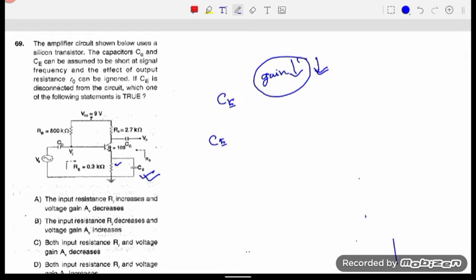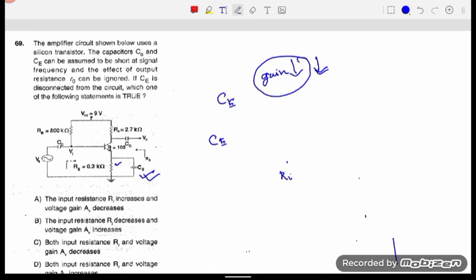Why? Because if there is any resistance on the emitter side, and we are looking from the input, let's say from the base side, we have a resistance, let's say Re. Whenever we talk about input resistance, it means Ri from this point. When Re is reflected to the base side, it gets multiplied by 1 plus beta.